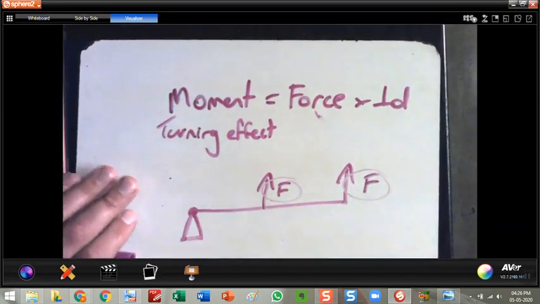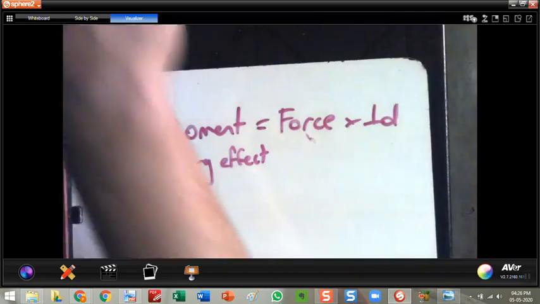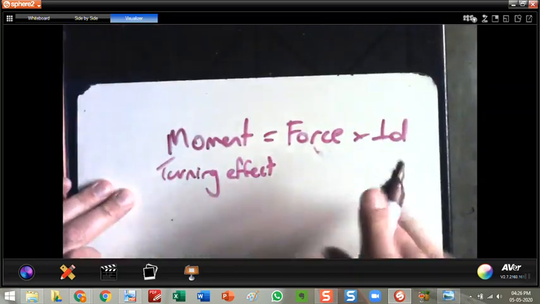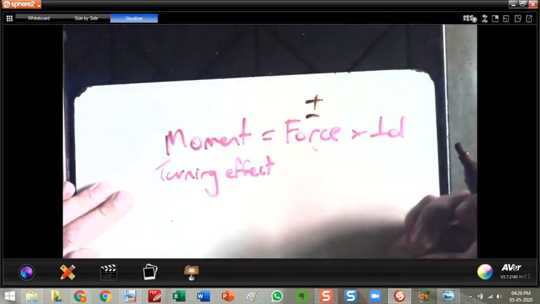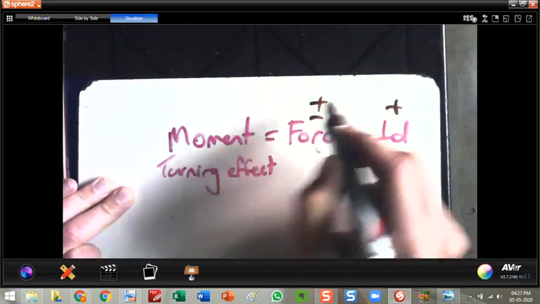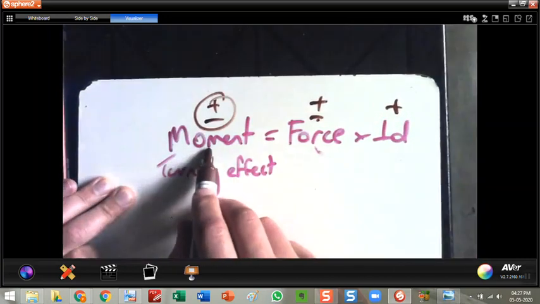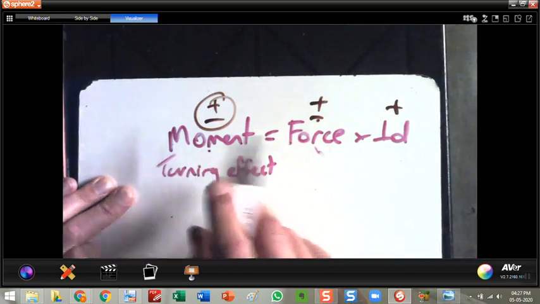Okay, so if we look at moments, guys, moments are specifically vectors. Forces can be positive or negative, but distance is only positive. So positive times positive gives me positive, positive times negative gives me negative, meaning that a moment is a vector and therefore it needs a direction.